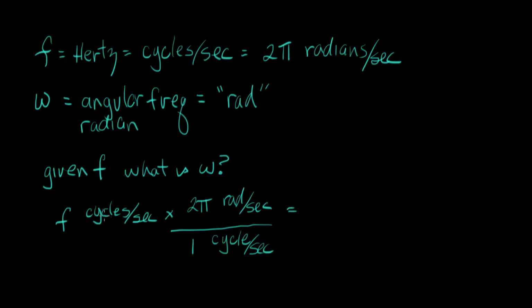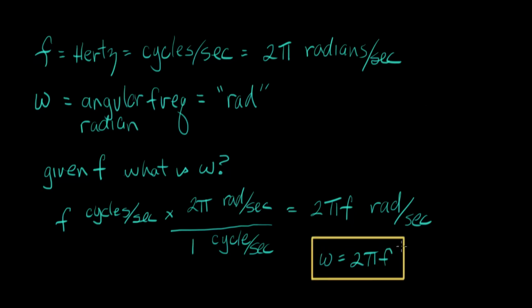And that equals, cycles per second cancels with cycles per second, so that equals 2 pi F radians per second. So the conversion factor is omega equals 2 pi F.